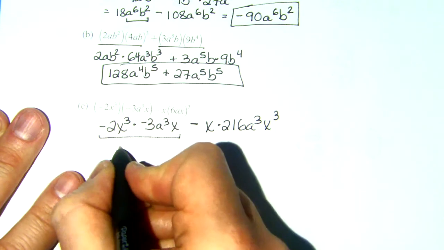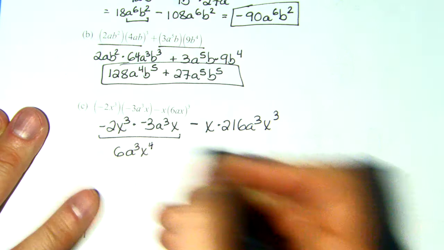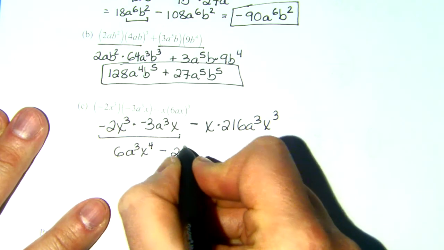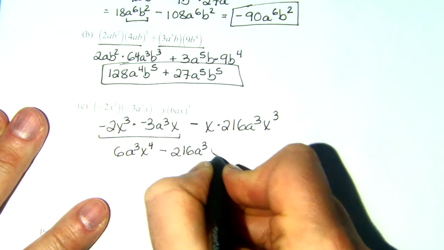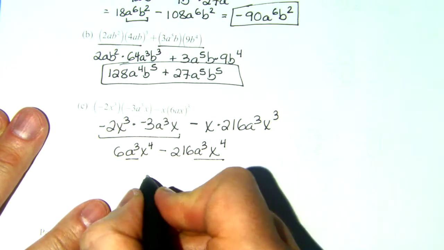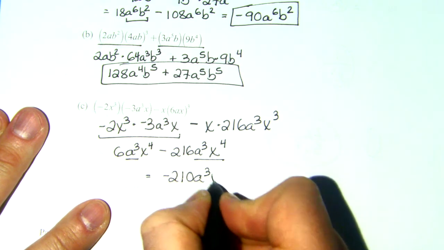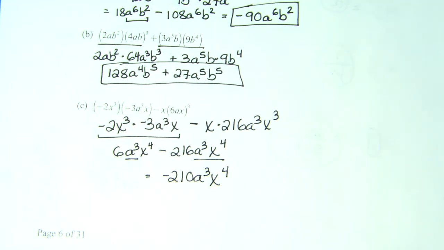First term is going to become 6 a to the third x to the fourth, minus 216 a to the third x to the fourth. Yep, they're like terms. I can subtract, and I'm going to get negative 210 a to the third x to the fourth.